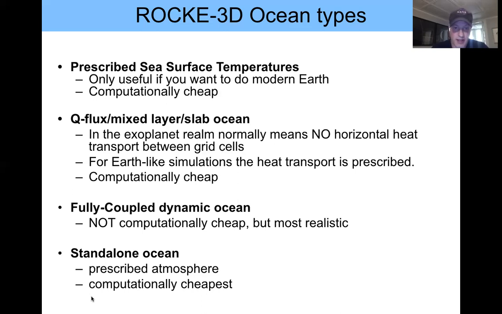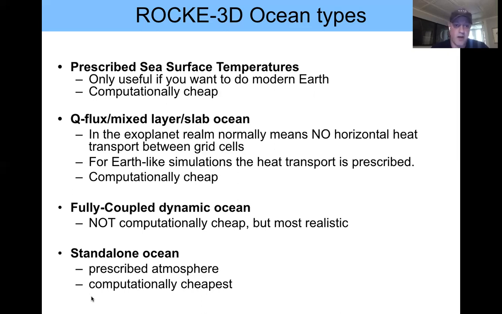Now, the second kind of ocean run we can perform is what we call a Q-flux run, or a mixed layer run, where instead of using a dynamical ocean, you're just going to use a thermodynamical slab ocean, where you compute the heat content Q, hence Q flux, of the mixed layer of the ocean, and the heat exchange between the atmosphere and the ocean mixed layer.